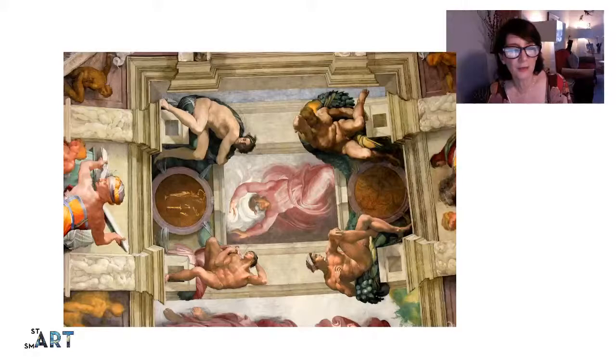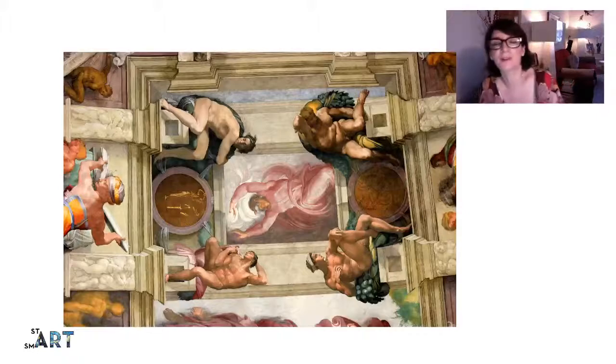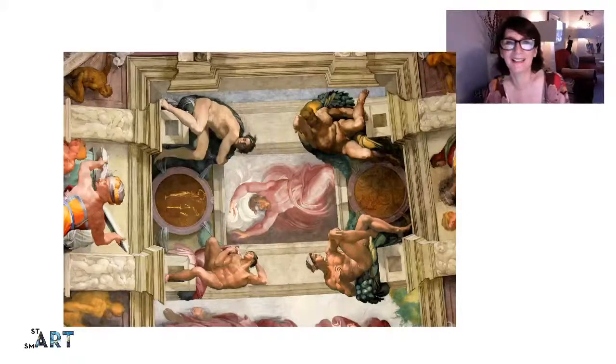It's just that for so long, this ceiling was so dirty, with so much grime from centuries of candles being lit, that to clean it is shocking. I mean, I just know now from the Cathedral of St. John the Divine that cleaned the windows, oh my God, I saw the windows in a different way.